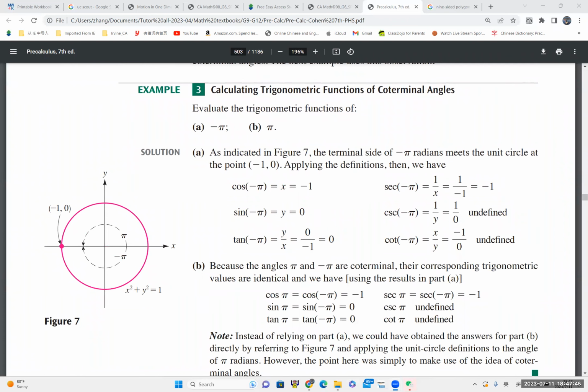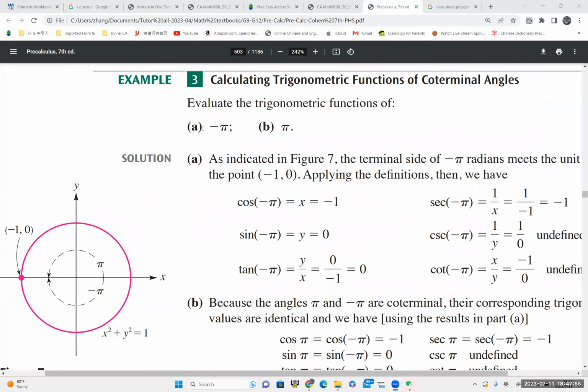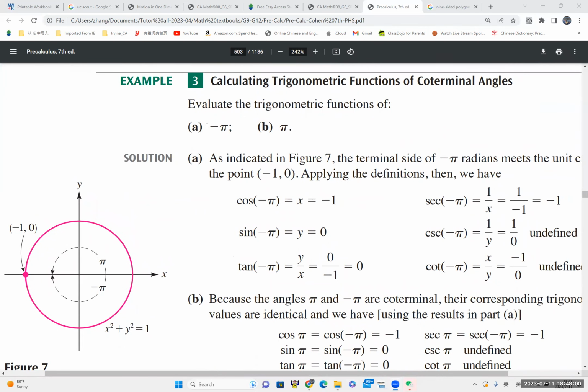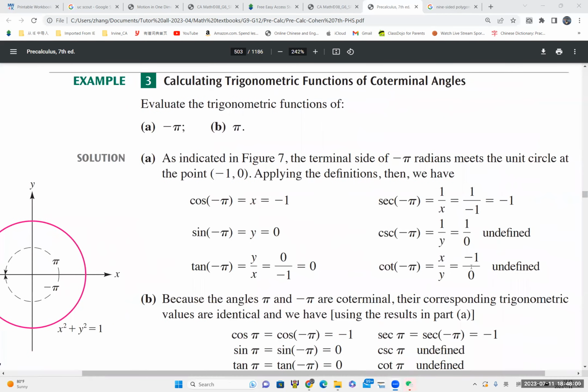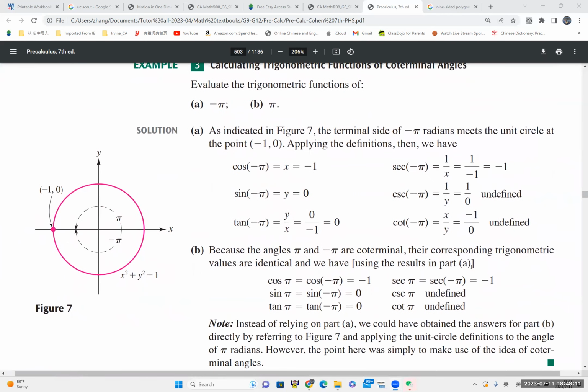Coterminal. So again, here as they are coterminal, the function values for negative pi and pi should be the same, right?